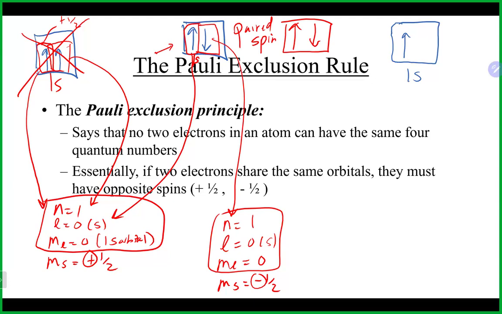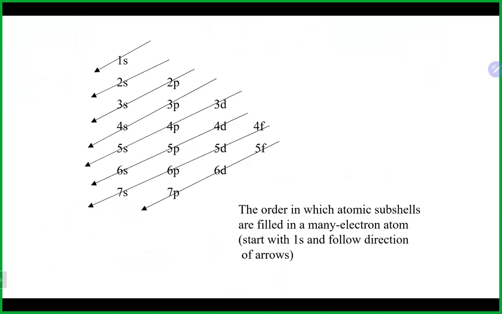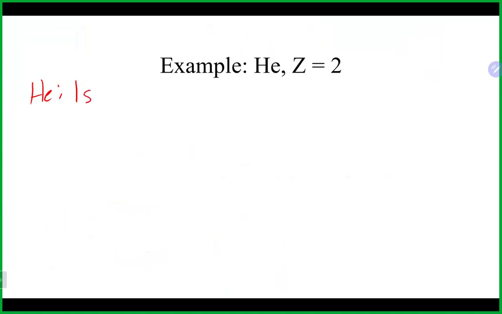Any questions on that? So that is sort of the reason why when we get to, say, our next one, which is helium, number 2, once again, we're going to start up here. And we're going to come to this guy, and that's all we need in this case. And that will get us here for helium, 1s2.